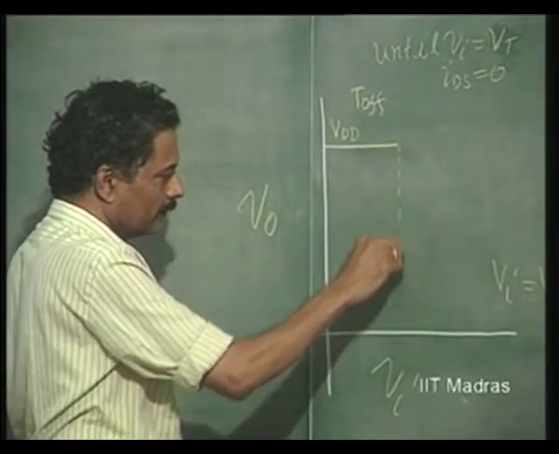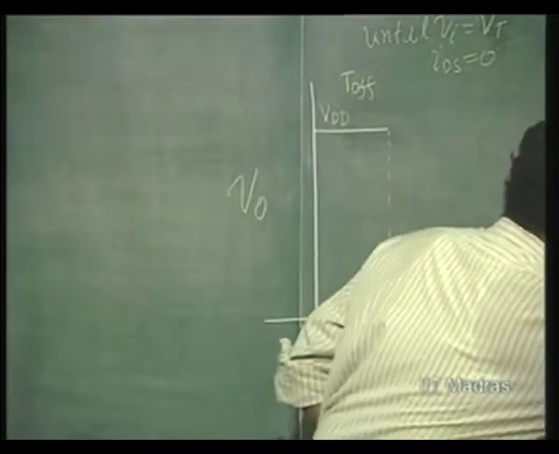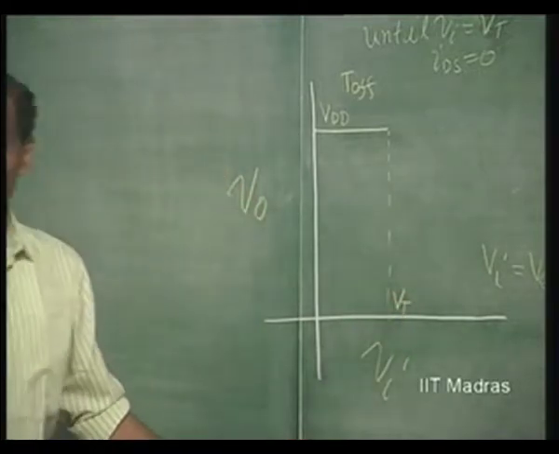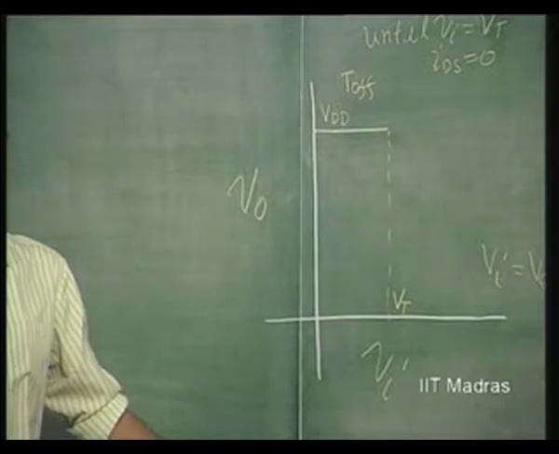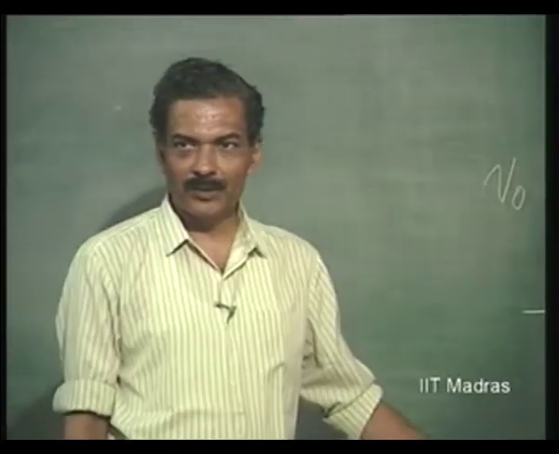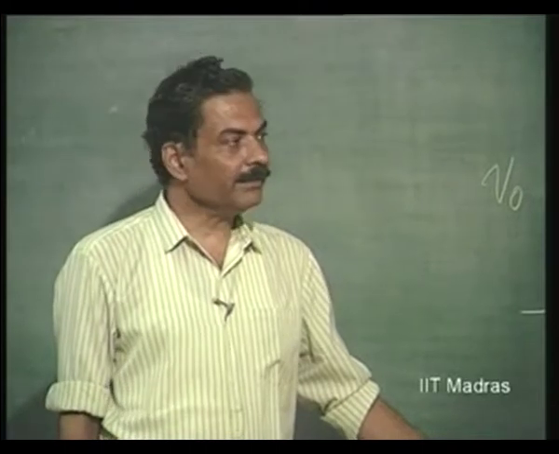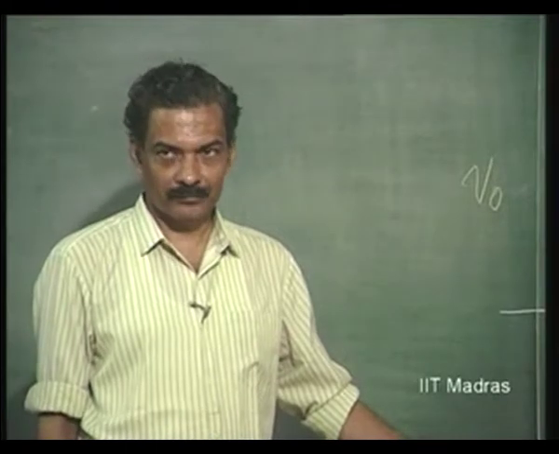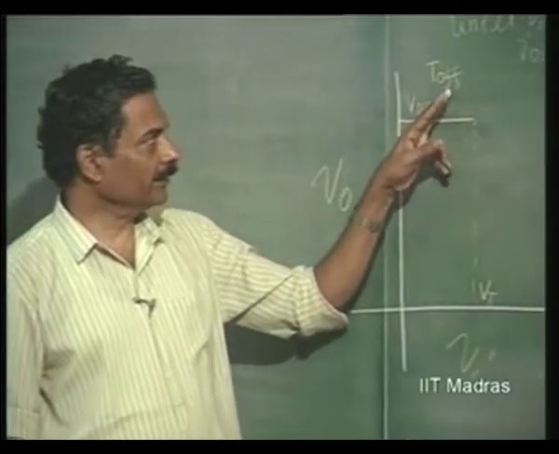At, let us say, Vi equal to Vt, the channel has got formed and the current starts flowing. So, what will happen to the output voltage? It will start decreasing. Now, is the FET in the current saturation region or triode region? Here T is off.